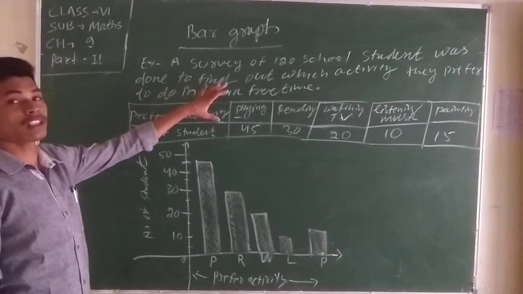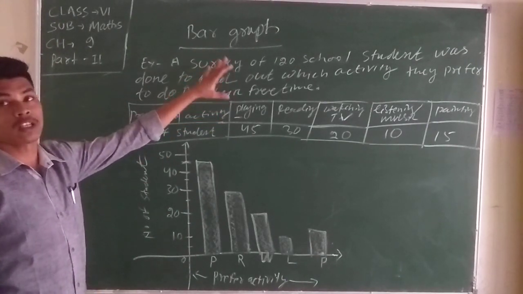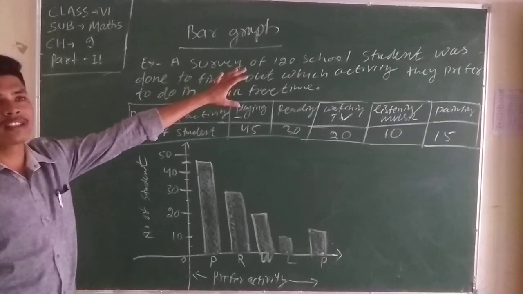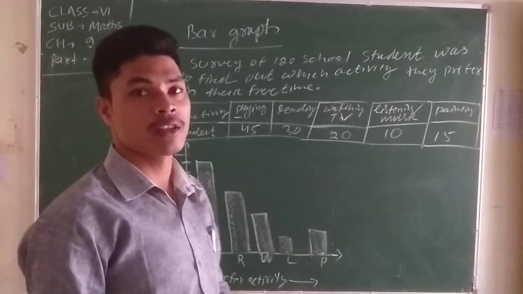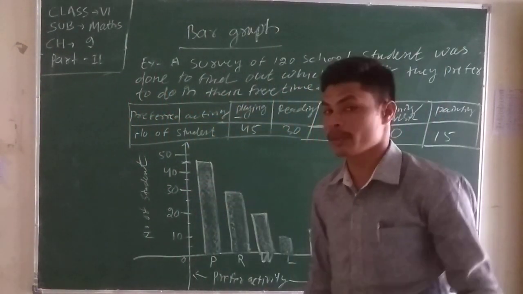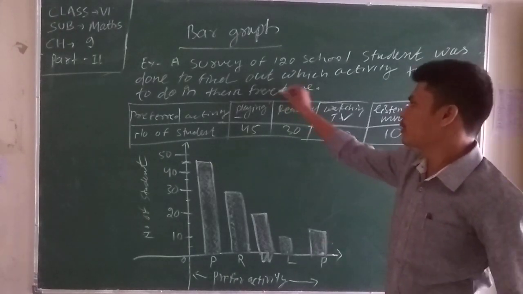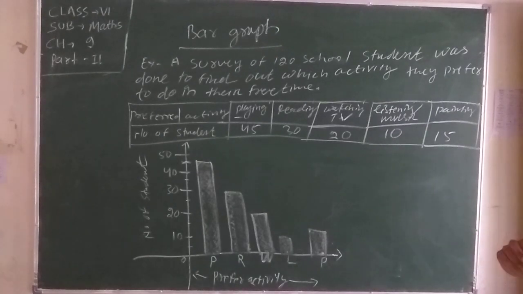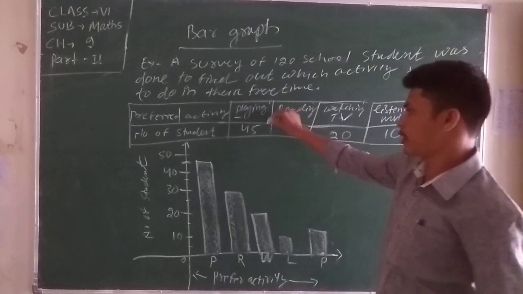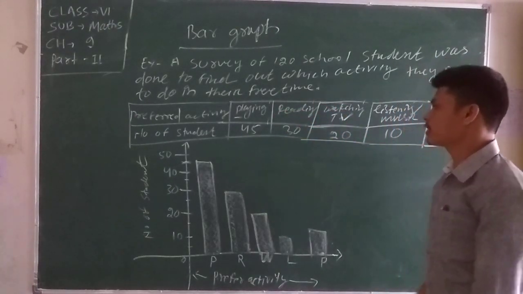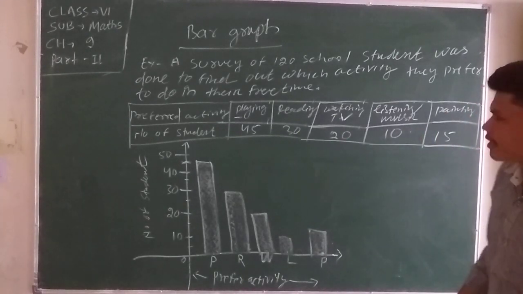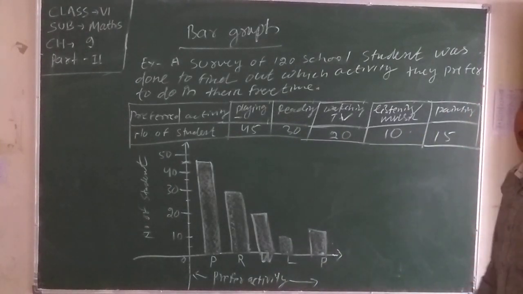Okay. Then what are the questions there? The question is: total students of a school is 120, and every student has their own preferred activity. Their activities are playing, reading, watching, listening, painting. 45 students play, 30 students read, 20 students watch, 10 students listen to music, and 20 students paint.